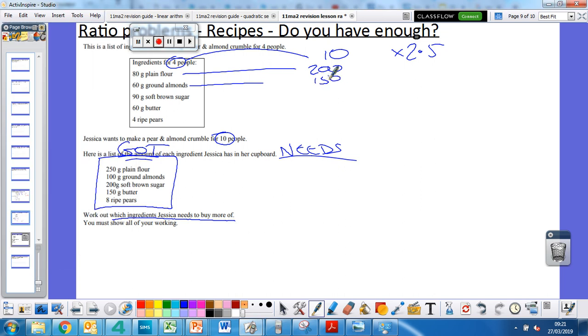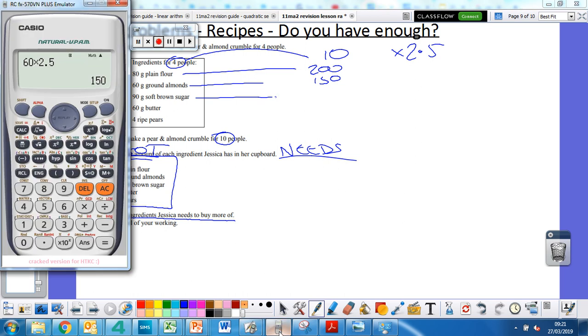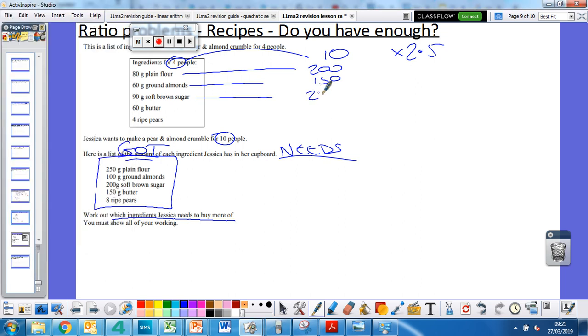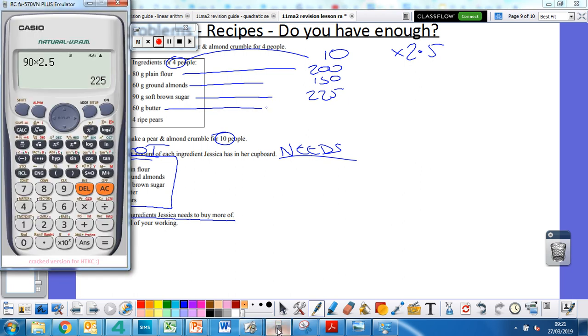Our 90 grams of soft brown sugar is for the recipe for 4. To scale it up to the 10, we do the 90 times 2.5. Gives us 225. Our 60 grams of butter that we need for the recipe for 4, let's scale up the 60 using our multiplier, 2.5.